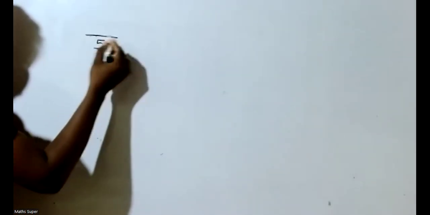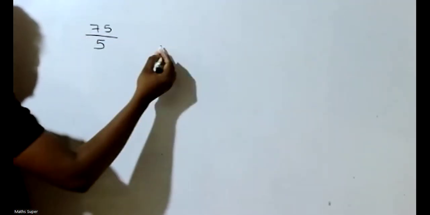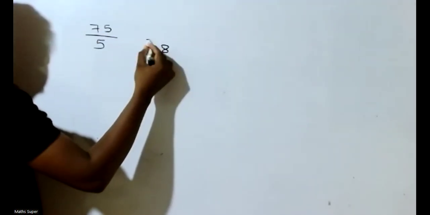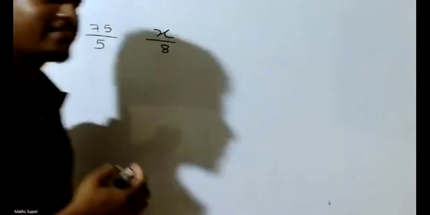So I can't remember the question right. 5 mangoes, 75, 8 mangoes. So the price of 5 mangoes equals 75. Price of 8 mangoes equals X. You can write like that.